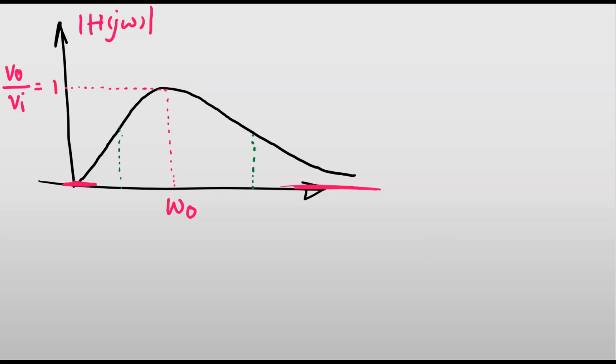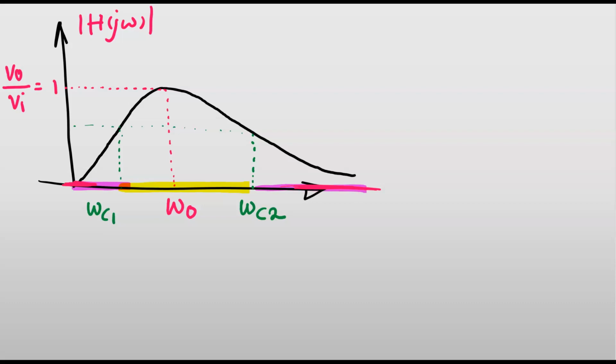The first is omega C1, and the next is omega C2. The cutoff frequency tells me which part of the frequency will be considered as passed through the filter and which part will be stopped by the filter. If the frequency is between omega C1 and omega C2, I'll consider them able to pass through the circuit, and otherwise they will be stopped.